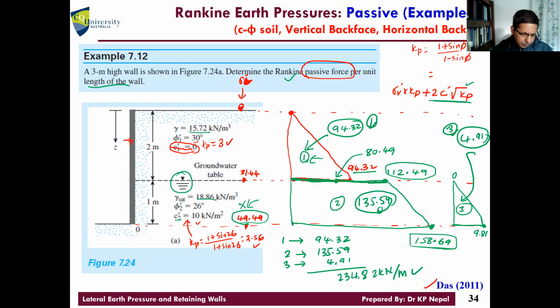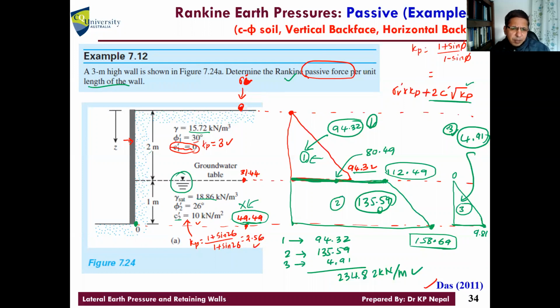How much did you get, guys, for the vertical pressure at the bottom of the wall? Doesn't look like this is correct. Just the vertical one only, the overburden pressure.